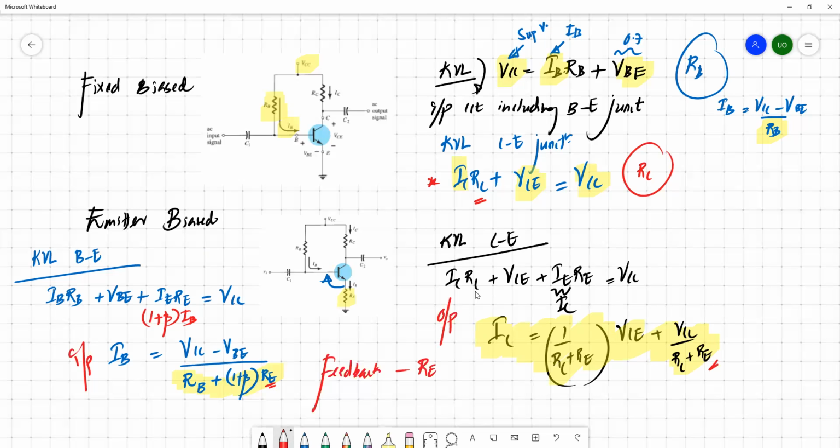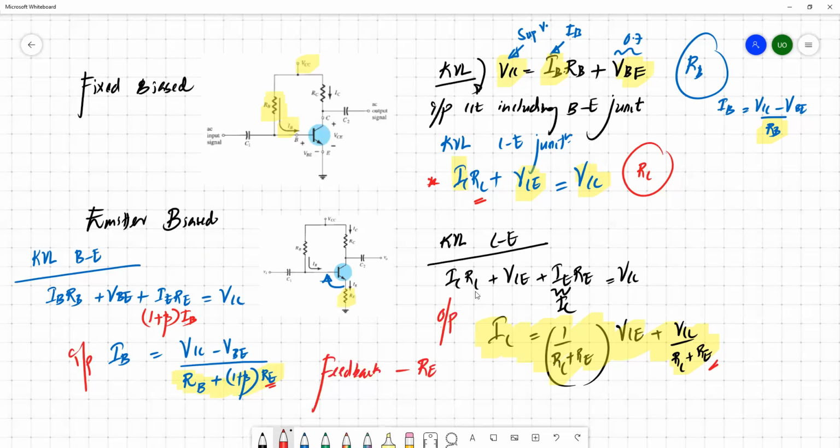So for example, if due to a certain reason the collector current changes, you can pass that information to the input side to decrease the collector current. So that's why we have this RE in both input and output circuit, with the feedback mechanism built through the emitter resistance.